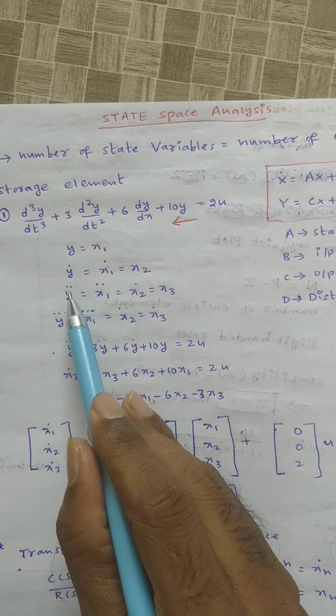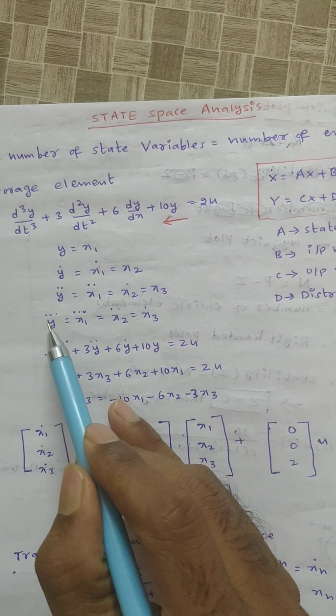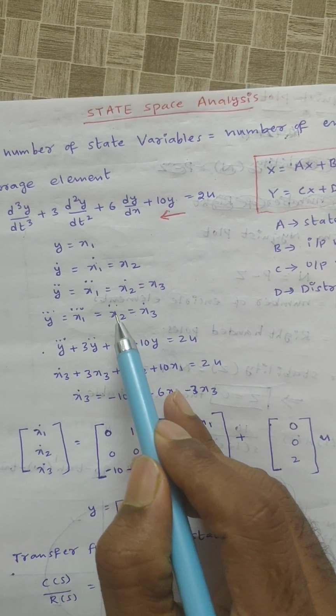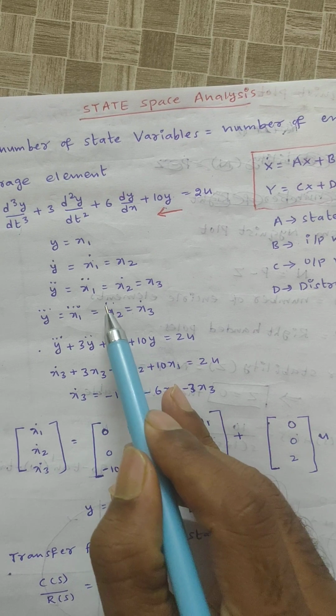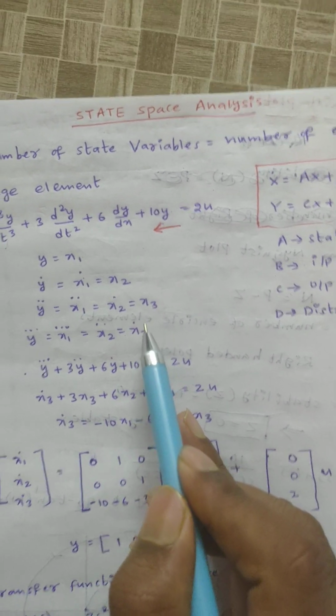Next, differentiate y double dot again, you get y triple dot, that means differentiating 3 times, which equals x1 triple dot, that is x2 double dot, which equals x3 dot.